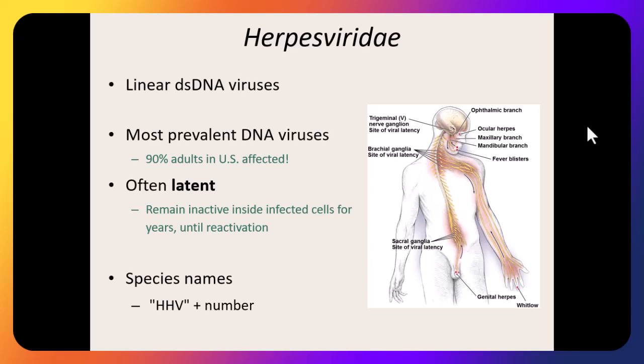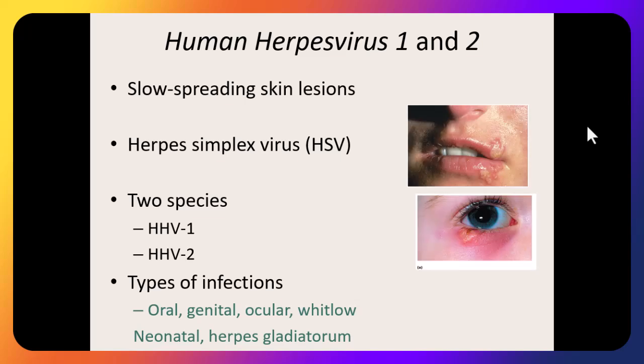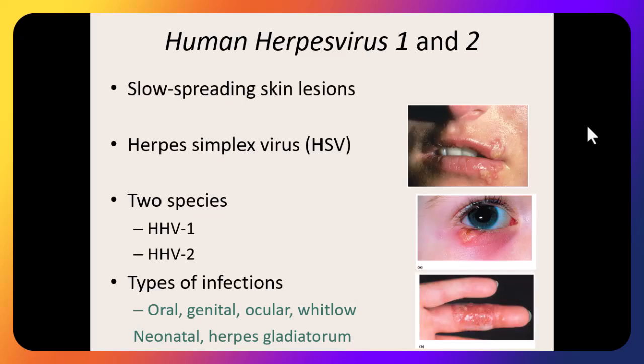Again, we give them all names. Human herpes virus used to be more commonly known as herpes simplex virus. Now it's just human herpes virus, and we give it numbers 1 through 8. Now, human herpes viruses 1 and 2 are usually the ones that people think of when they think of herpes. They cause slow-spreading skin lesions. So they're unsightly, people don't like them.